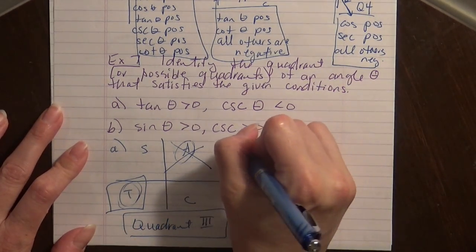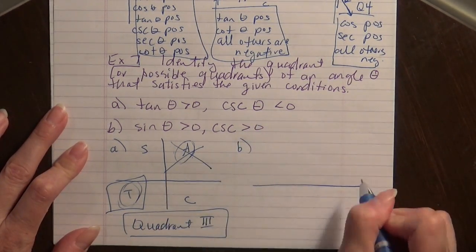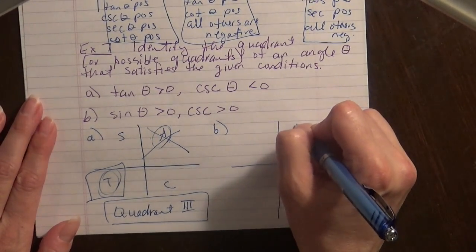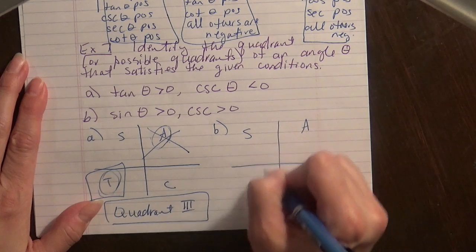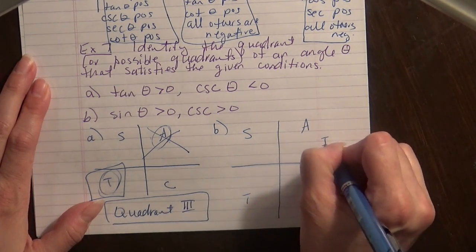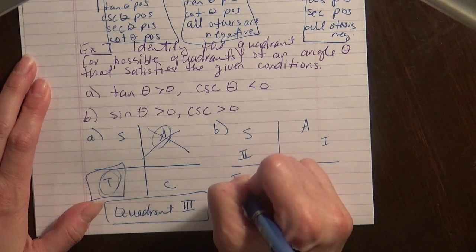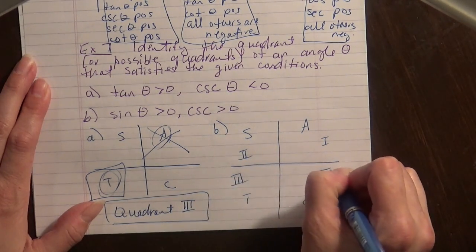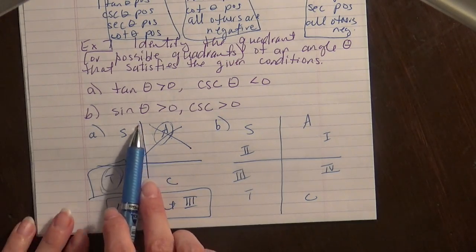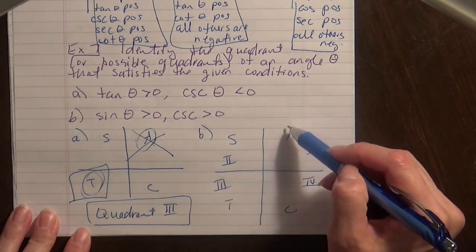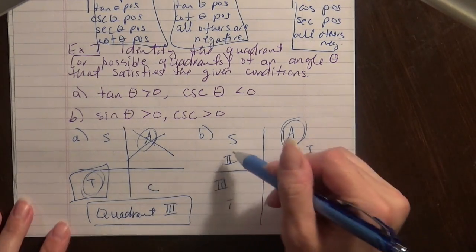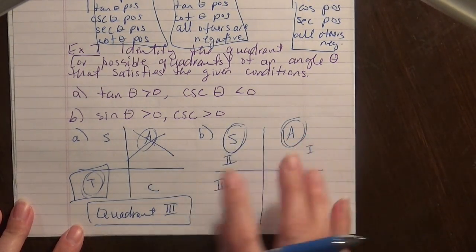Part B. Draw a picture. If you need to write in your quadrants, do that. But we're going to do all silver teacups. That's quadrants 1, 2, 3, 4. Now, sine is positive. Where does that put me? Well, it might be in the first one because they're all positive there. Sine is also positive in quadrant 2. So it's between these two quadrants.